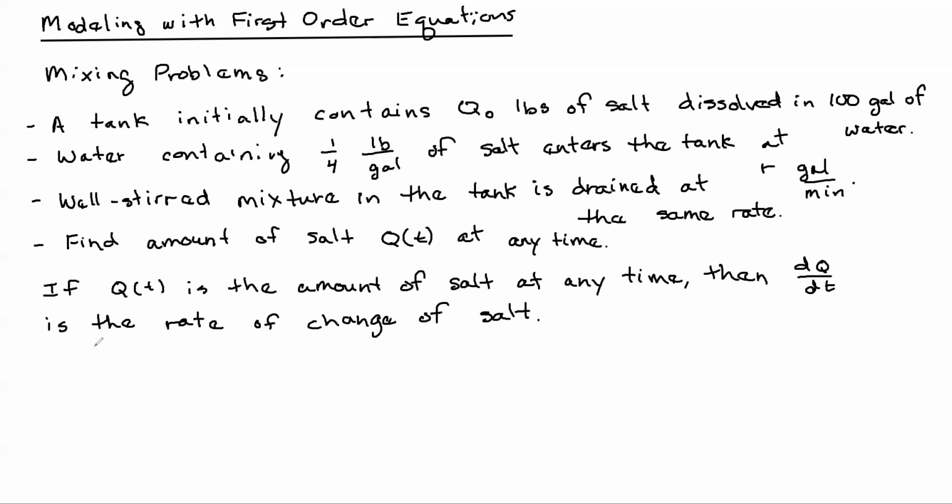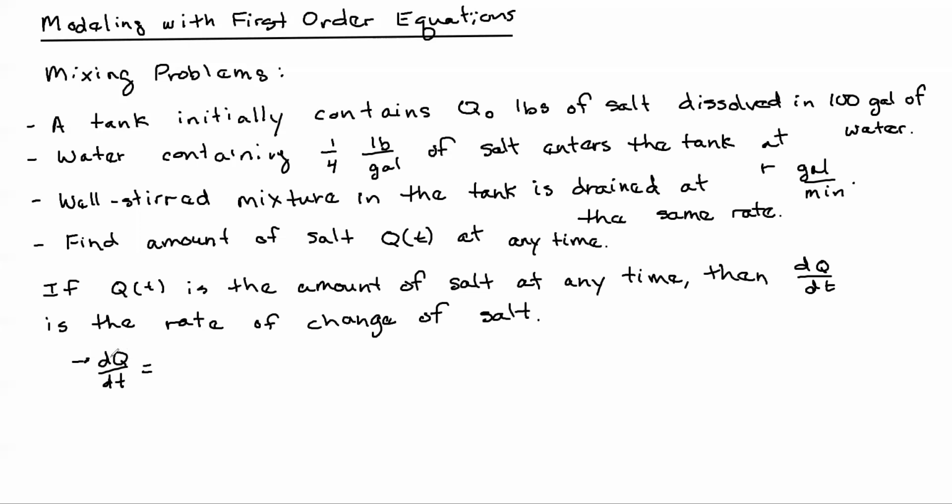Okay, so let's try to create an equation for that and see if we can put something together. If we're looking at the rate of change of salt, dQ/dt, then the most important thing is to know what you're looking for. In the numerator, this is the change in salt.